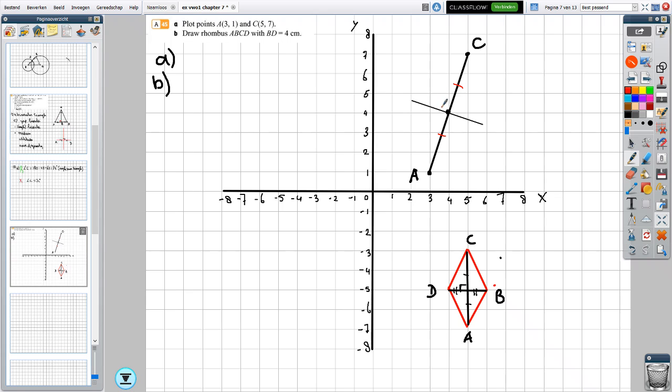And I can now notate that this is going to be 90 degrees. That's a very weird 90 degrees. That's better. And this line is equally long to this line because of the properties of a rhombus. So now I know that right here is going to be a point. Which point?